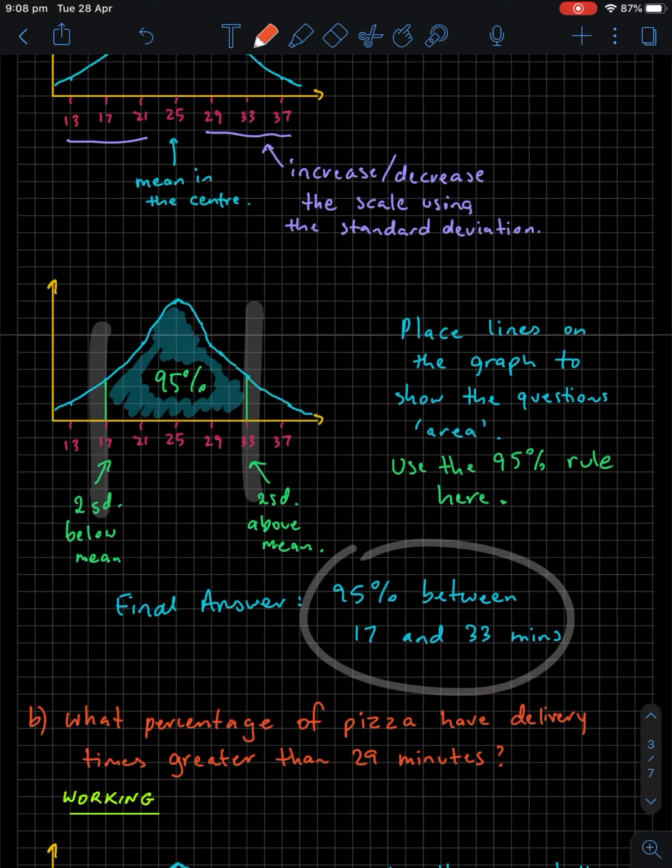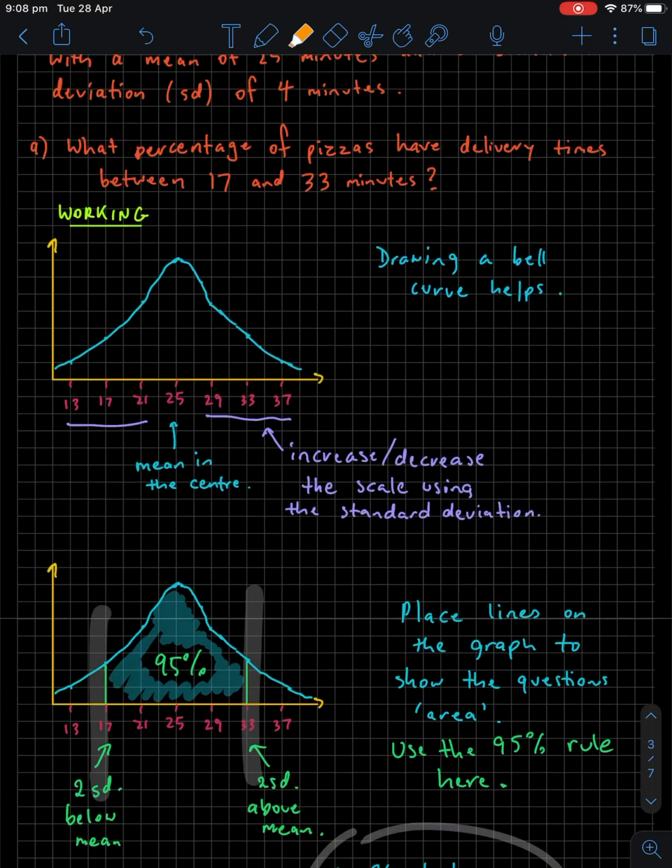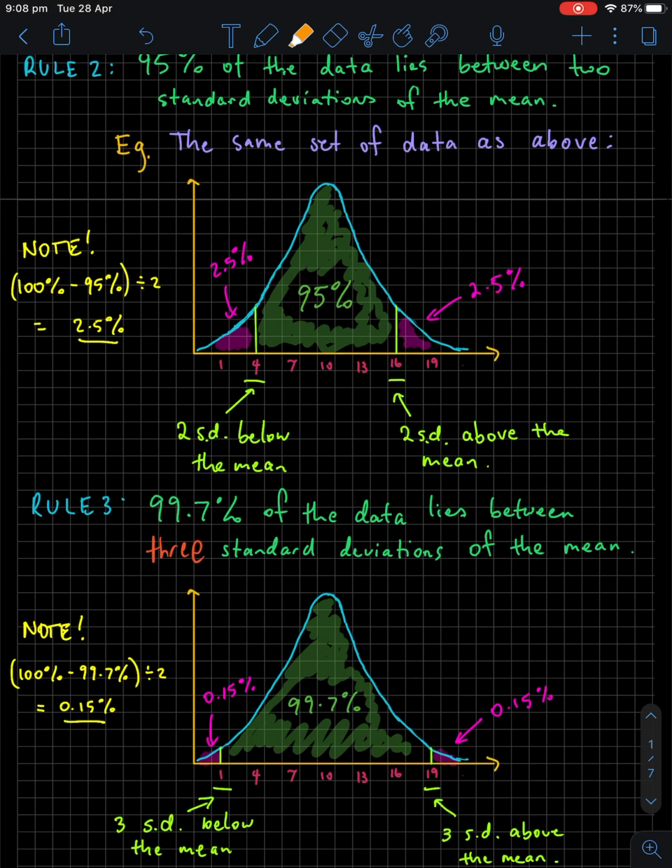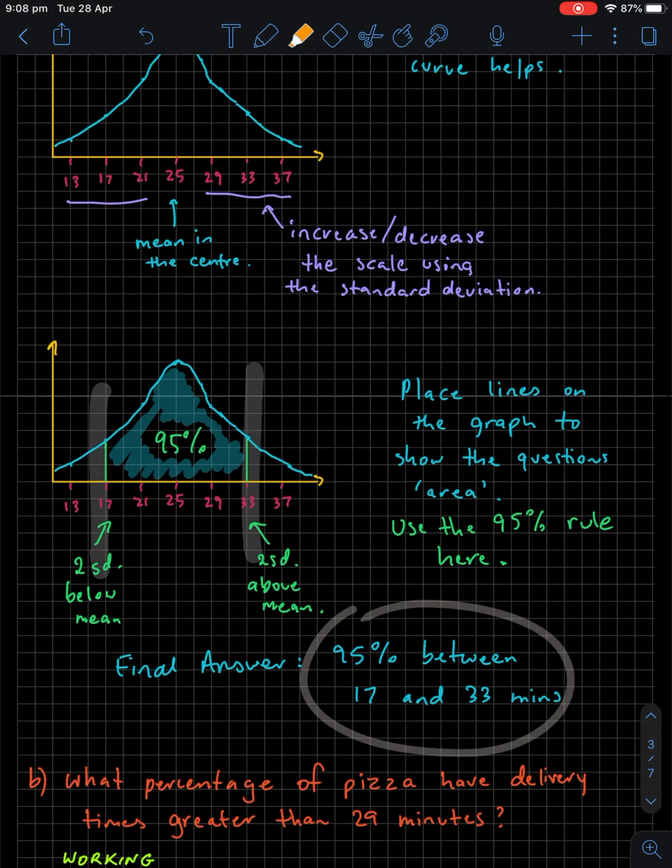So pretty much we're trying to figure out what percentage is in between 2 standard deviations of the mean, and that relates directly to the 95% rule. The 95 rule. So pretty much from our rule 2, we can read off that 95% is between the 2 standard deviations of the mean.